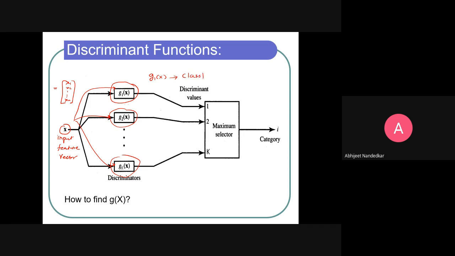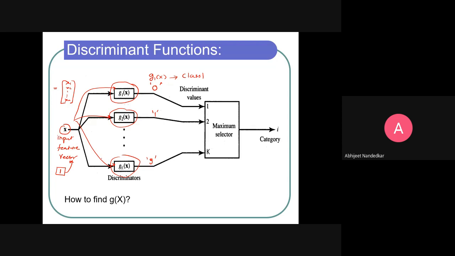Suppose there are 10 classes and g1x is responsible for, say, the digit 0. This g2x is responsible for digit 1, and maybe g10x is responsible for digit 9. So what is expected if you supply here the feature of, let us say, 1?